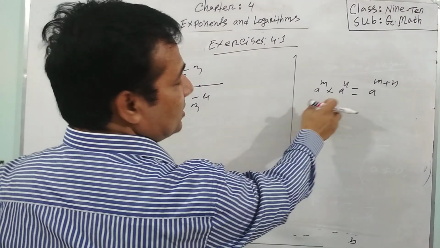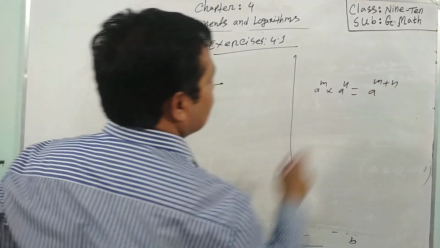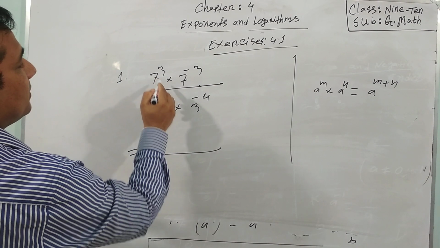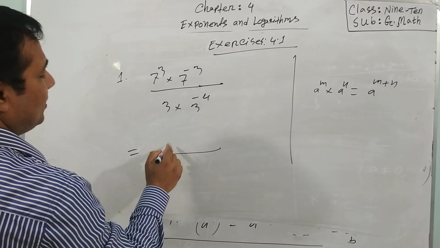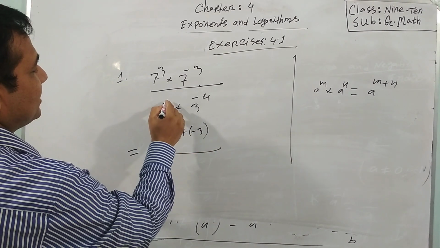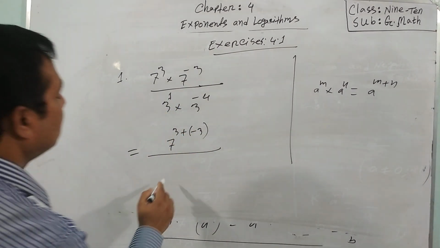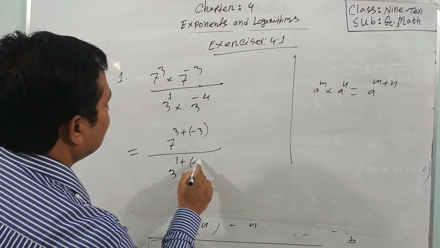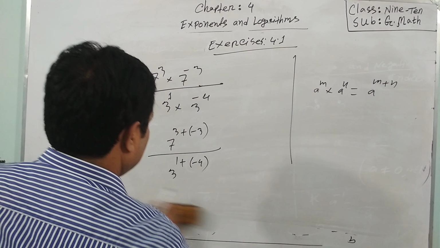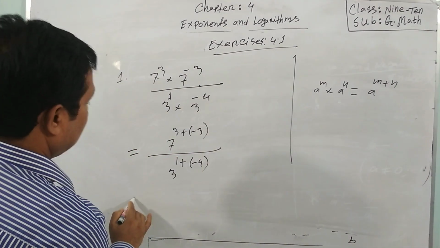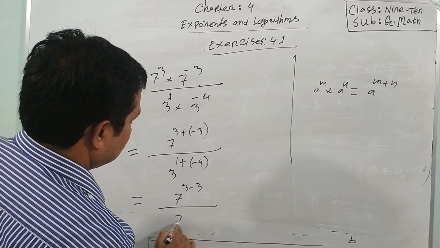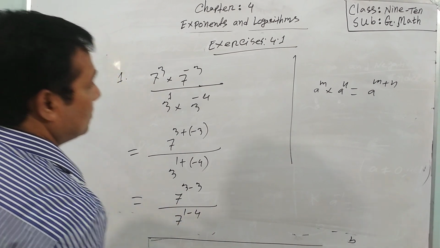In multiplication, when the base is the same, the powers will be added. Similarly, here the base 7 is the same, so the powers will be added: 7 to the power 3 plus minus 3. Similarly, here the power 1 plus minus 4.